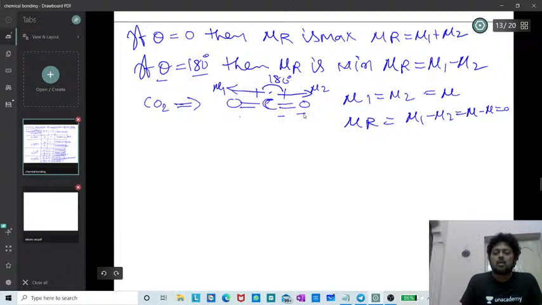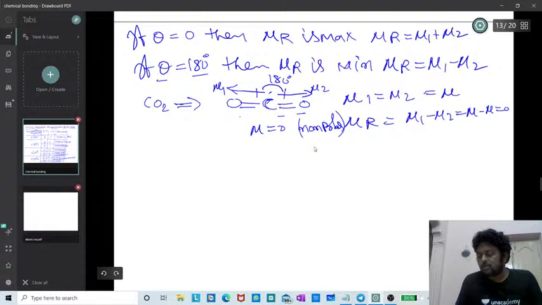So even though the bonds are polar, the molecule is non-polar. Mu is equal to 0, so it is non-polar. So the presence of polar bonds does not guarantee that the molecule is polar. The net resultant dipole moment will decide whether the molecule is polar or non-polar. Okay, CO2 is non-polar.